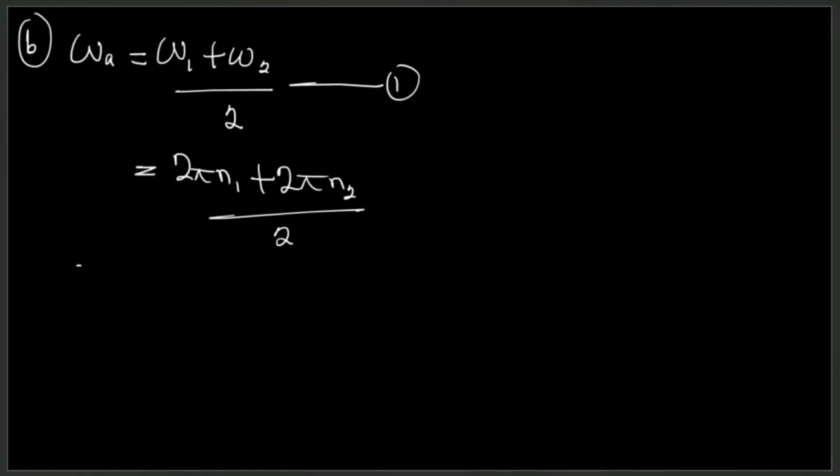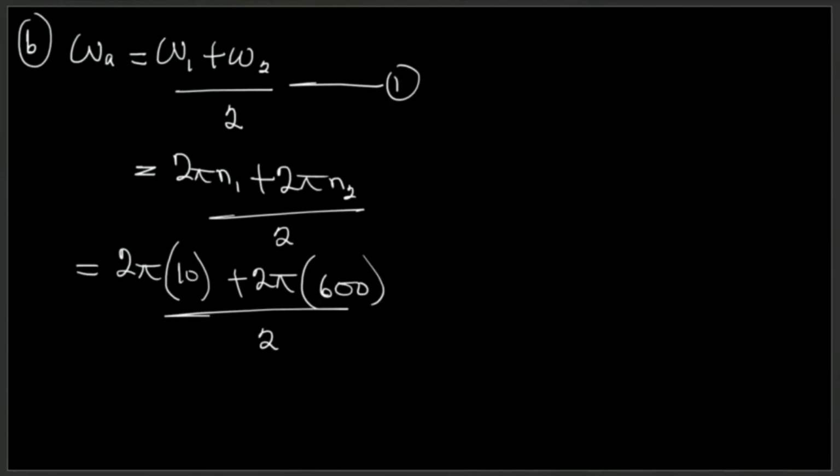I want someone to punch the calculator for me. So it's going to be 2 pi times initial 10, plus 2 pi times 600, divided by 2. Can someone assist us in determining the average angular velocity here?